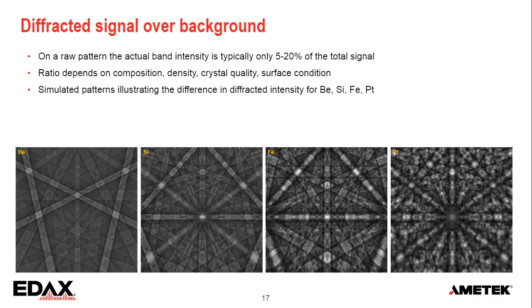When we just do a dynamic simulation again, only of the band intensities, with the same number of electrons in a simulation, you can already recognize the contrast, the brightness of these bands. So left the beryllium, to the right the platinum, where we have much more signal. And just imagine that that signal is superimposed on the background.